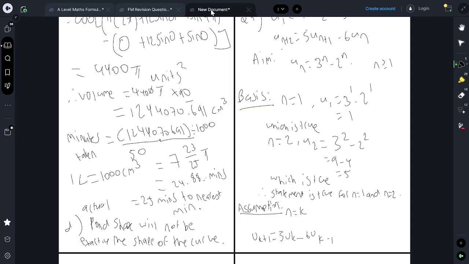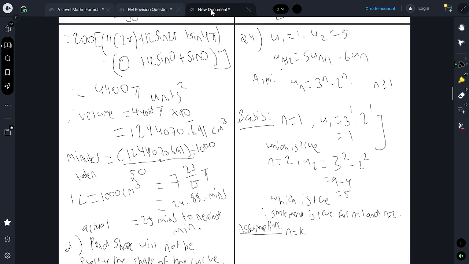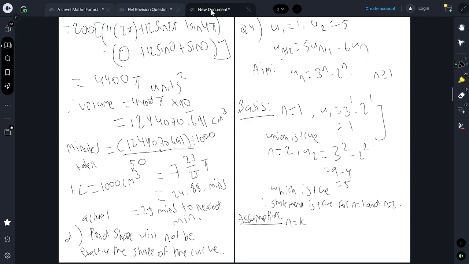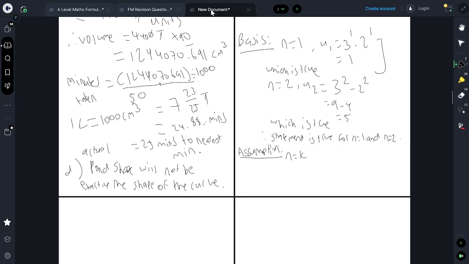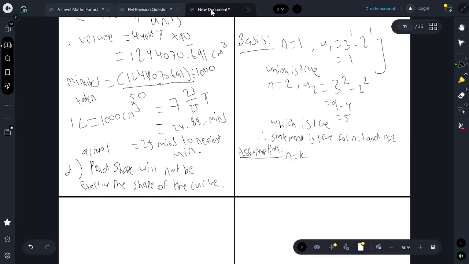So we need two numbers to assume true here: n is k and n is k plus 1, because that allows us to induct to k plus 2, using the first two terms in our recurrence relation. That's also why we needed two terms in our basis, because we need to start with two true values and then work our way up. That's the key distinction with these recurrence relation questions. So Uk and U(k+1).